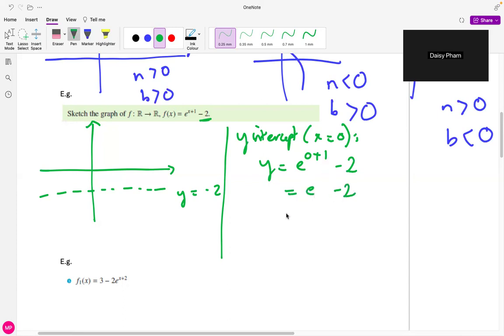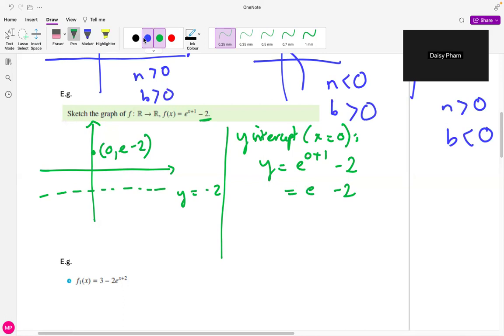So if you think about what is that approximately, a is about 2.71, minus 2, that gives you about 0.71. So that gives you a rough idea where they are, but you don't have to write all of this. You just know that it's 0.71-ish. So it will be here. I'll label that as (0, a minus 2).